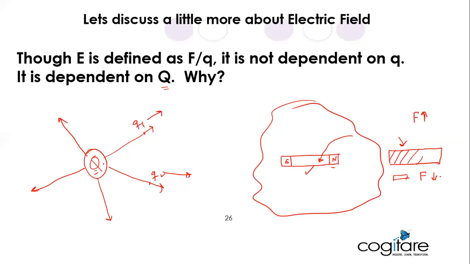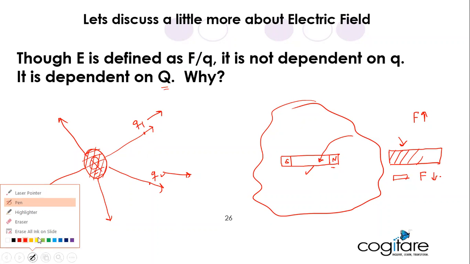But we want to make the entire experience a property of this fellow Q. Thereby we say that even though the formula is E is equal to F by Q, the central discussion here is around Q. The field is because of Q. That's what we understand.